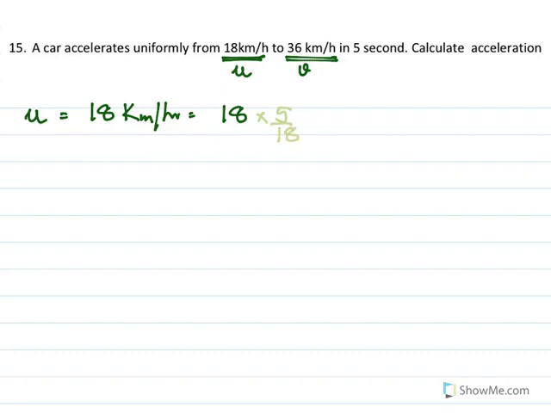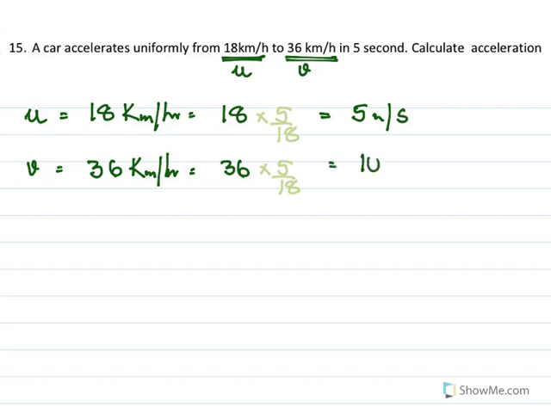So 18 cancel, 5 meter per second, initial velocity. Now the final velocity denoted as v is 36 kilometer per hour. So it is 36 into 5 by 18. And on reducing, here we will get 10 meter per second.